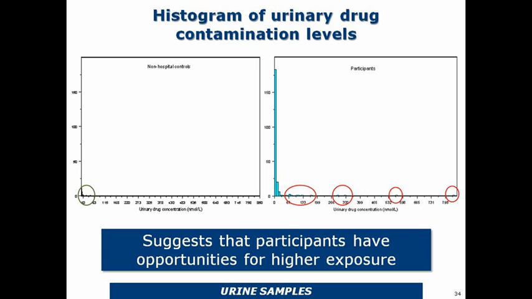Now, if you look at our hospital participants, you can see that they are bunched generally on the left-hand side, but then as the concentration levels increase, there is scattering of higher contamination levels. So based on this graph, we believe that participants in the study, these hospital workers, have opportunities for higher exposure to these antineoplastic drugs.